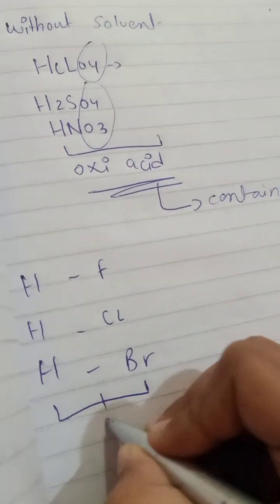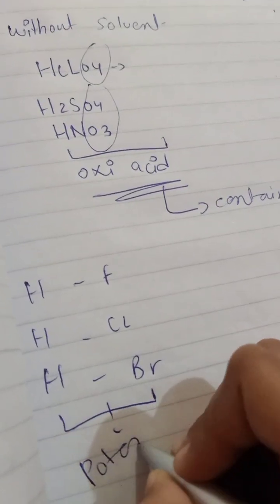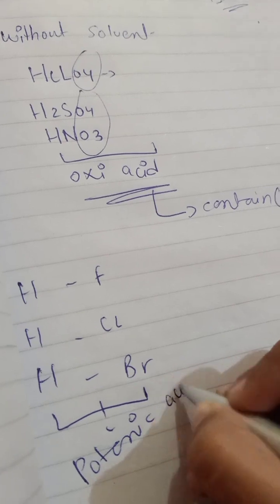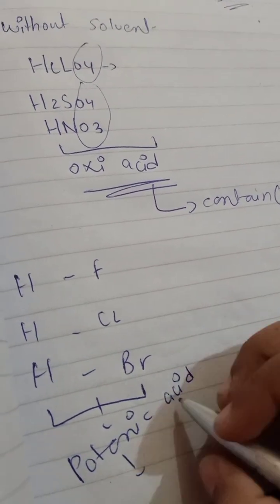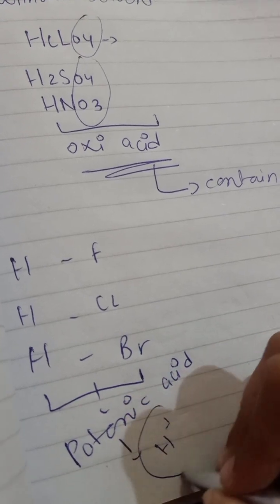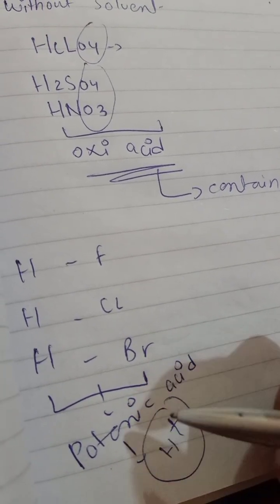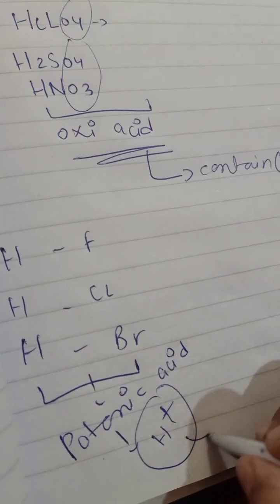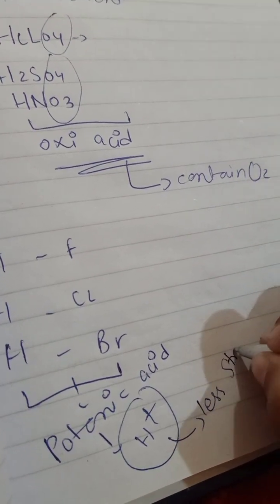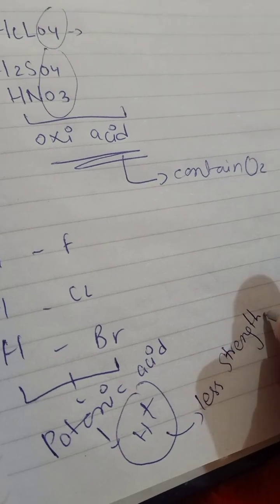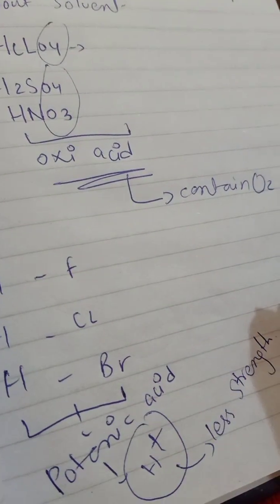These are protonic acids, which means they have the ability to give hydrogen. They contain hydrogen, so that's why we call them protonic acids. And they have less strength, or they are weaker.